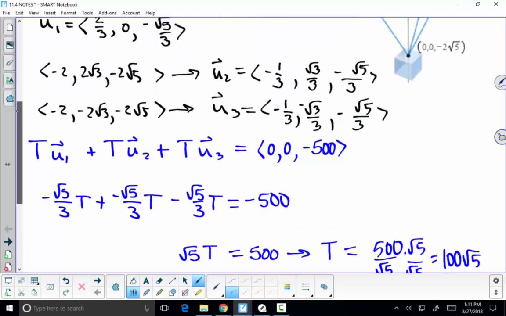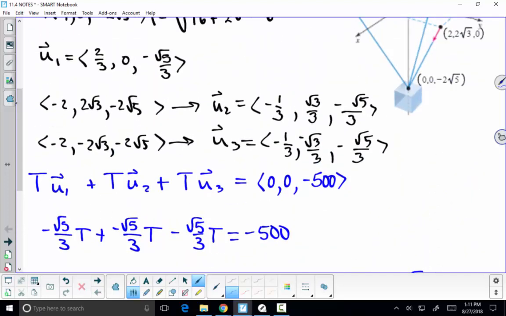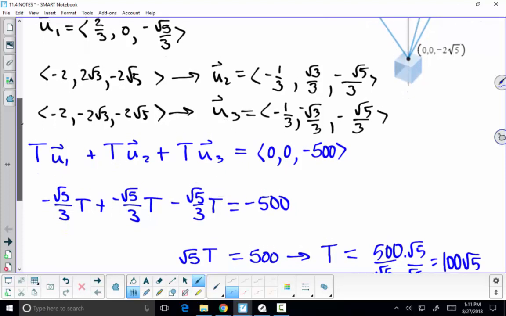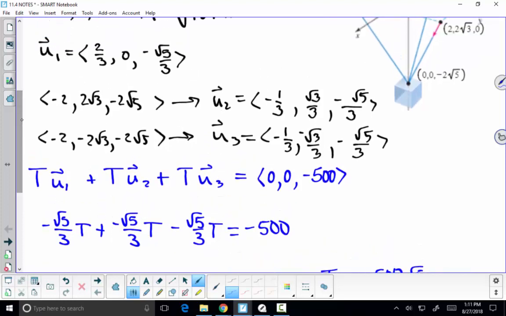Yes. So if we look up here, we're going to take that unit vector and multiply it by that number. So that unit vector, what's that, 100 root 5? So we're going to take 100 root 5 and multiply it by that, that, and that. So let's do it in a different color up here. I'm not going to call it any name because we didn't name it yet.